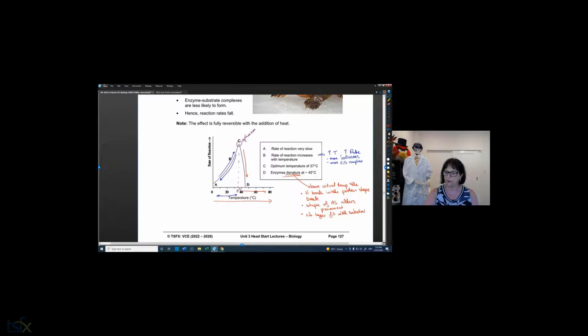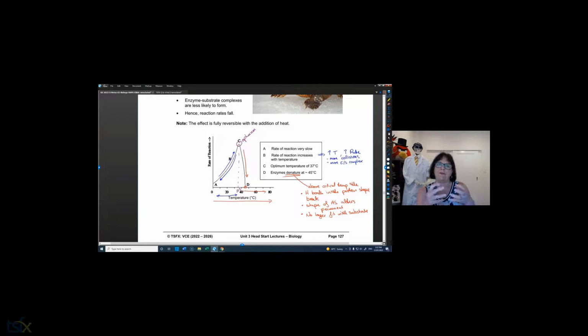And because it's permanent, once an enzyme molecule is denatured, it's useless. And then more will get denatured as time goes on. And so what we have is not just a slowing down, but eventually a dropping of the reaction once all the enzymes are denatured. And even if I went back to 37 degrees, it wouldn't start up again.